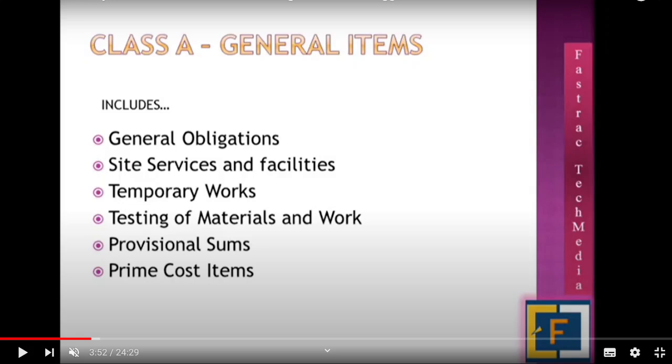One is the client, second is the consultant or technical consultant or engineer, third is the contractor or execution part, whoever is handling. The contractor may be civil, electrical, mechanical, plumbing, HVAC, lift, fire, or even lamination also. Maybe a separate contractor will come. So general obligations means that type of thing.